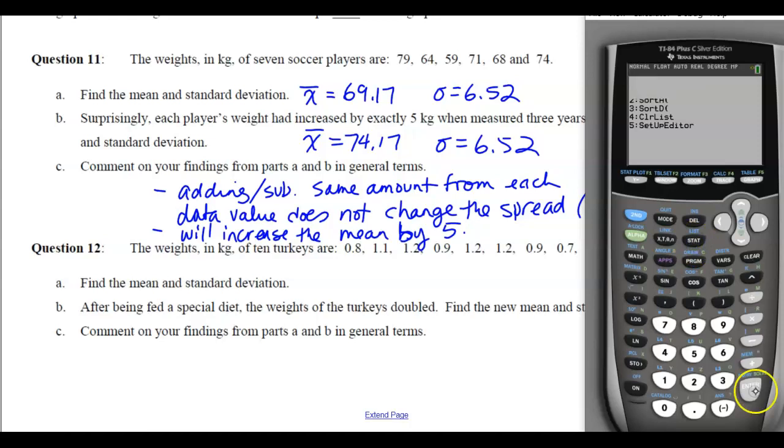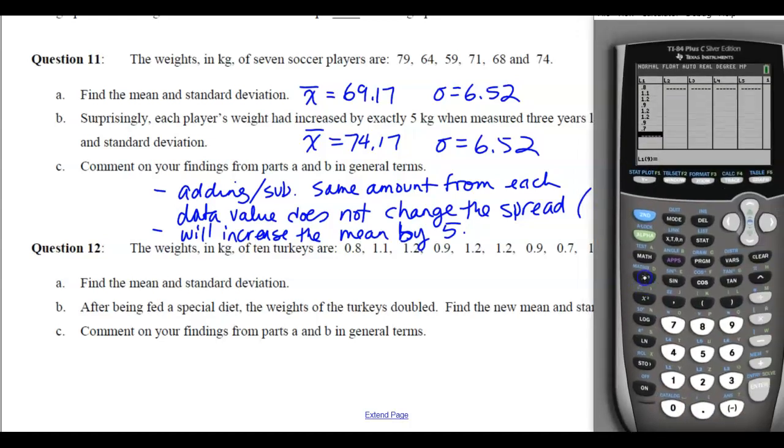So stat, edit, we'll clear off those lists. So 0.8, 1.1, 1.2, 0.9, 1.2, 1.2, 0.9, 0.7, 1.1. And then if we double them, I'm going to do that at the same time, just to put them in there.